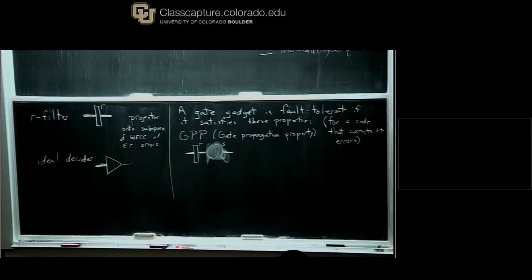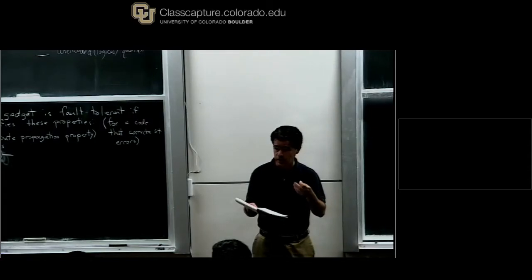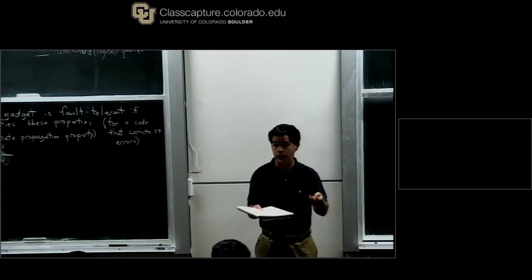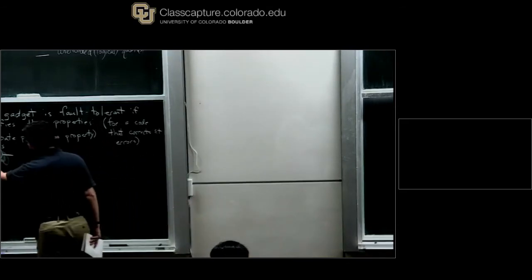The state that comes out, so we started with R errors, we had S faults, and I want to say that the state that comes out has at most R plus S errors. And so the way that I do that is I say that this thing here is equal to this.